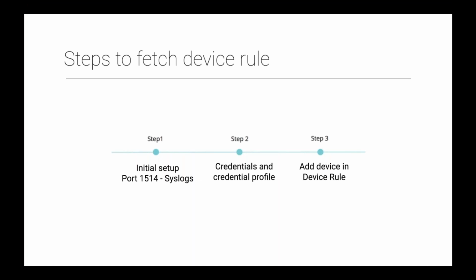Once you receive the syslogs from the firewall to Firewall Analyzer, credential profile can be set for that specific device in Firewall Analyzer. Step 1 and 2 will be covered in detail in the next session on July 30th. So step 3, once you set the credentials, you now have to fetch rules and configuration from your firewall and add device to the device rule.